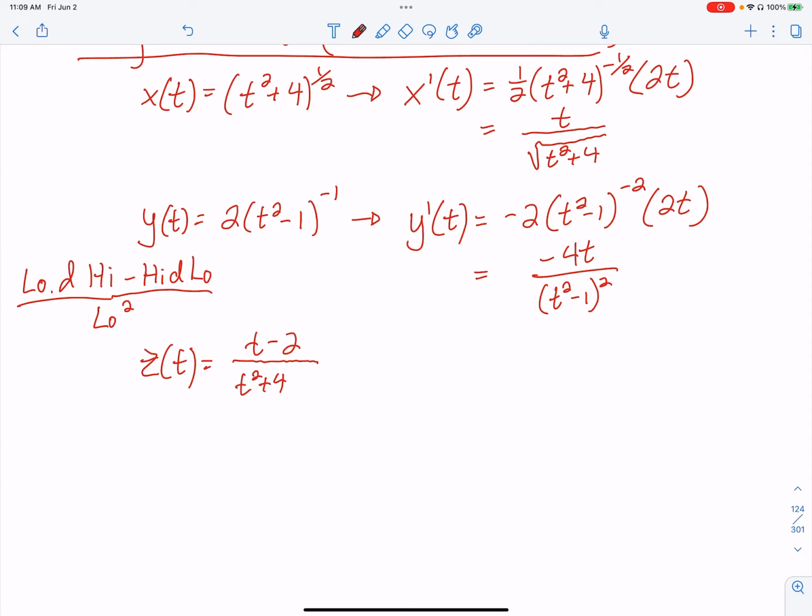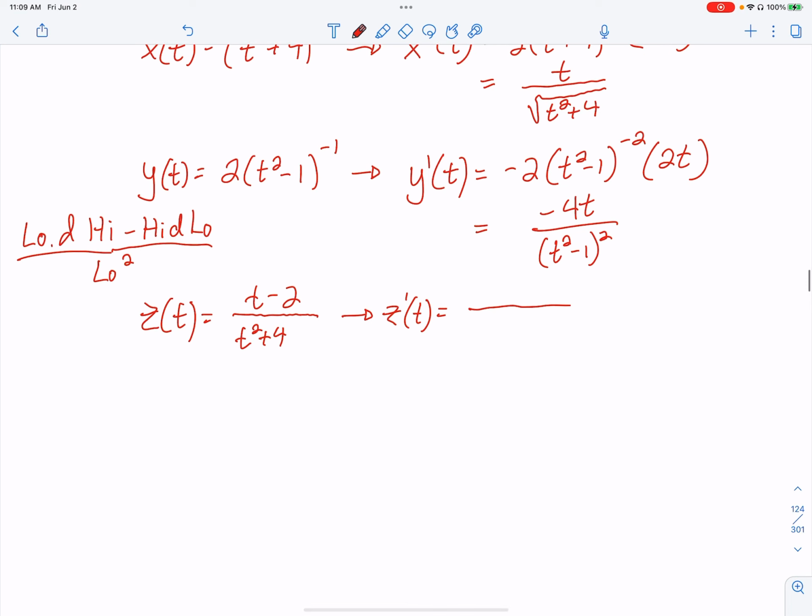So low, what I mean by that is, if I take my derivative, z prime of t, the low one is the expression on the bottom, so t squared plus 4, times the derivative of the top one, which is 1, minus the top one, times the derivative of the bottom one, which is 2t, all over whatever was in the bottom squared.